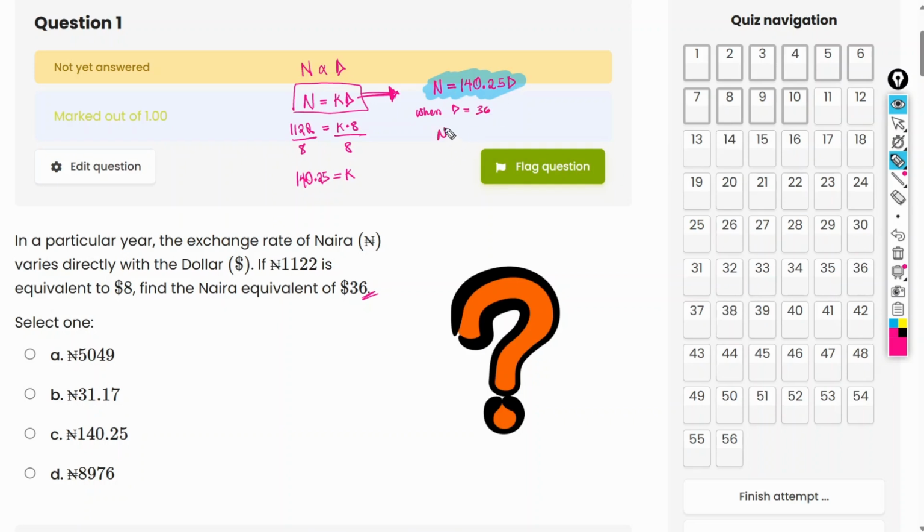So N will be equal to 140.25 times 36, because we're looking for the naira when the dollar is 36. That gives me 5029.50.